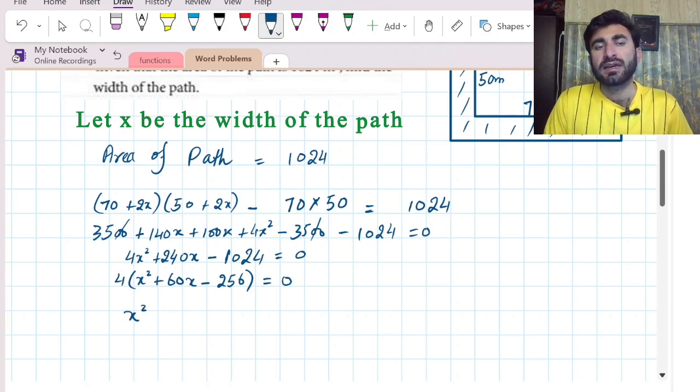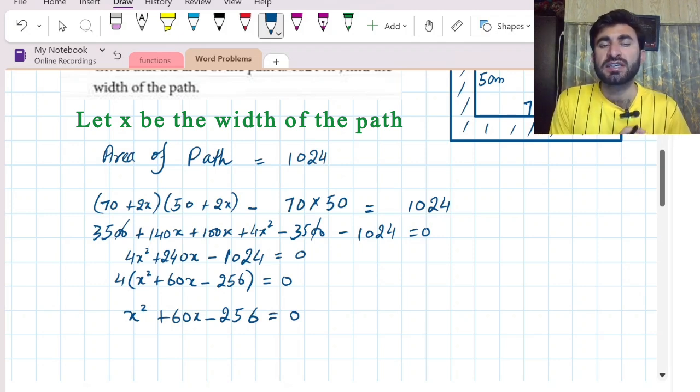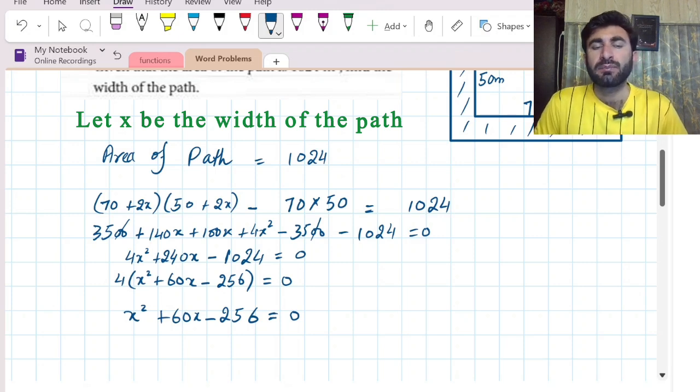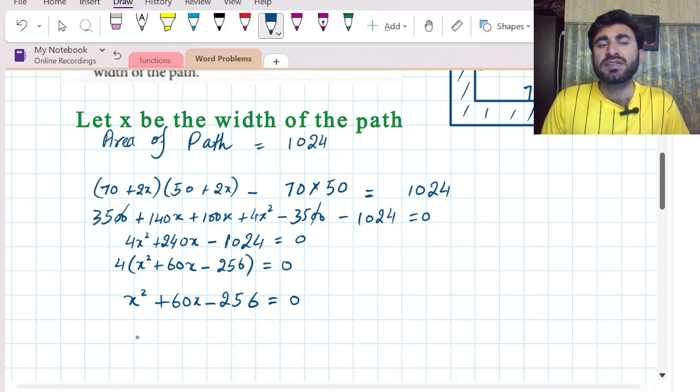Next, x square plus 60x minus 256 will equal to 0, because 0 will be divided with 4, which is eventually 0. Now we have equation in the simplest form. We can either apply the formula or we can also factorize it, because we have the equation in simplest form.